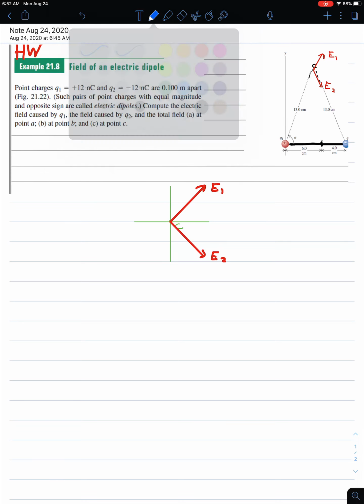Obviously E1 has a component. I'll name this one E1x and this is E1y. Same thing for E2: this is E2x and this is E2y.